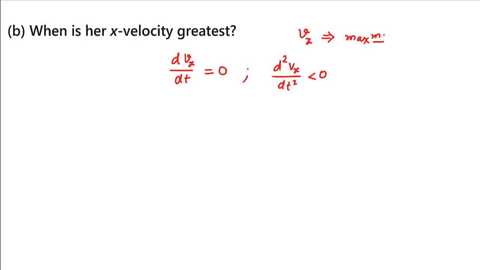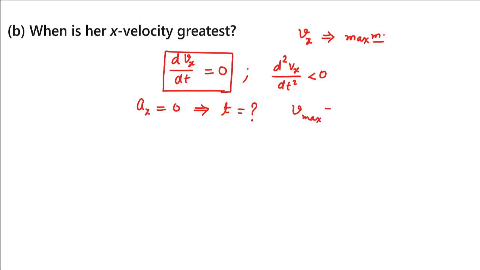So if I plug this, that is dVx by dt is equal to 0, from there I can get the time when this will happen. And dVx by dt is nothing but acceleration. So basically what we have to do is simply put ax equal to 0, and from there I can find the time when her velocity will be maximum.